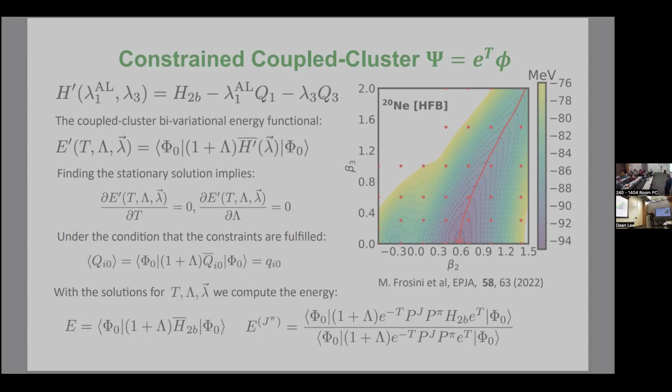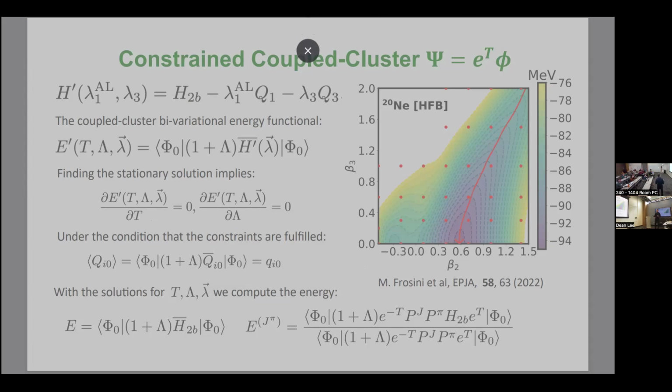The energy functional that we need to minimize is given here, and the stationary solution implies that the variation of this energy functional with respect to the T amplitudes and the left lambda amplitudes for the left ground state should be 0, and those equations lead to the standard coupled cluster calculations.